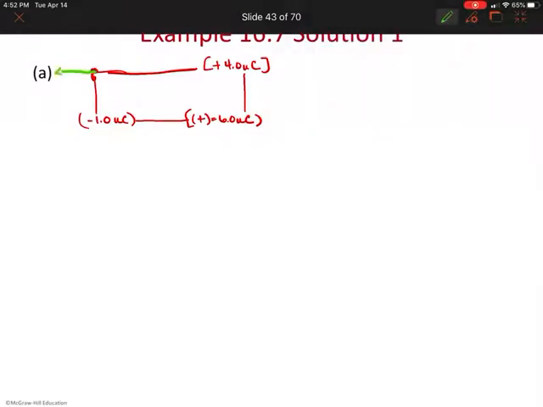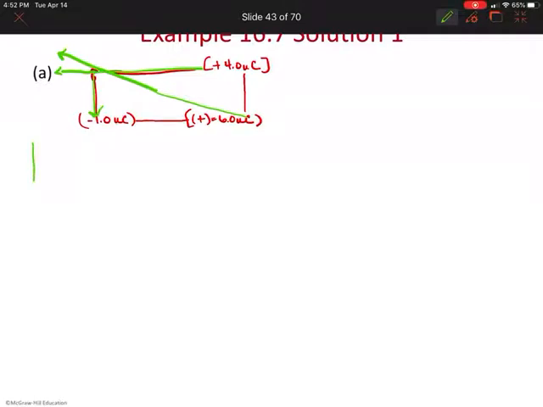Okay, so electric fields. I'm going to see if I can get a different color for this. The electric field because of this one is going to push to the left. This point right here is going to point at a diagonal. And then this one is going to pull towards it. So lots of vectors going on here.